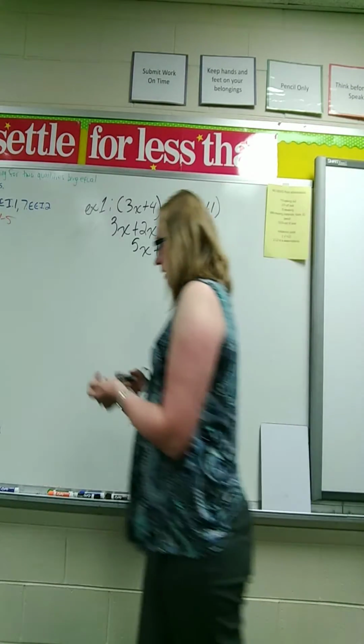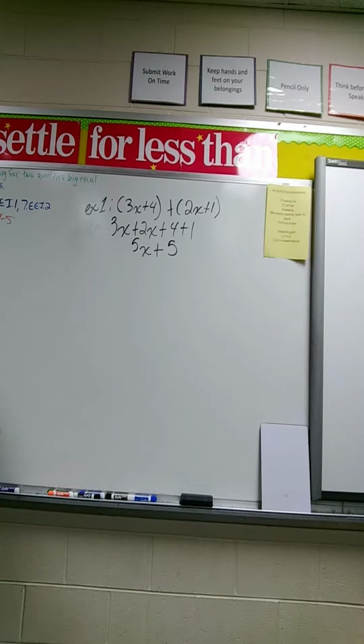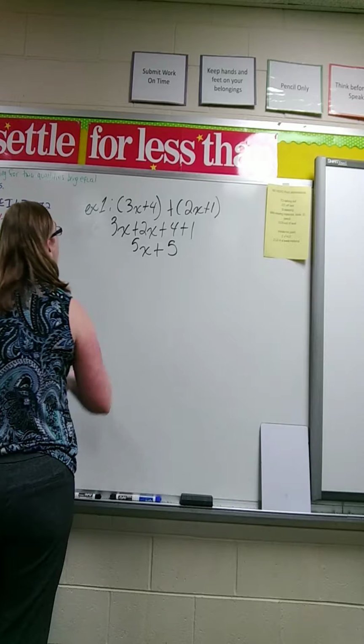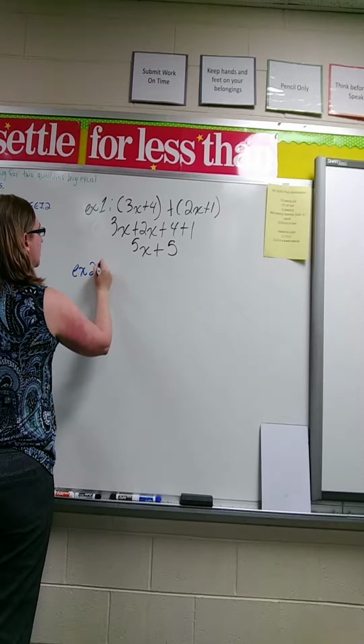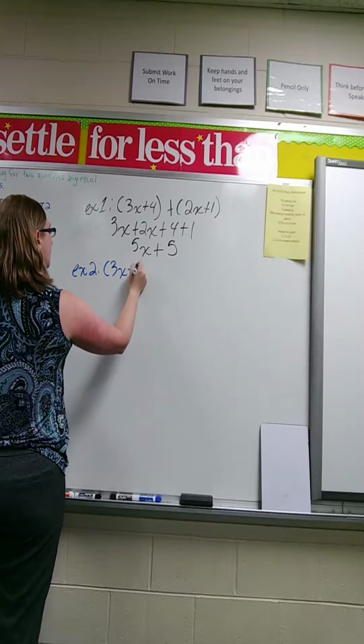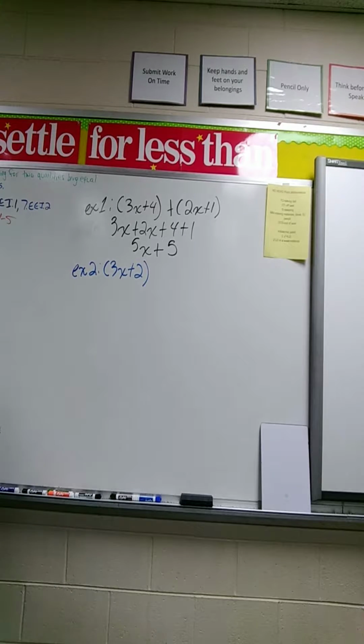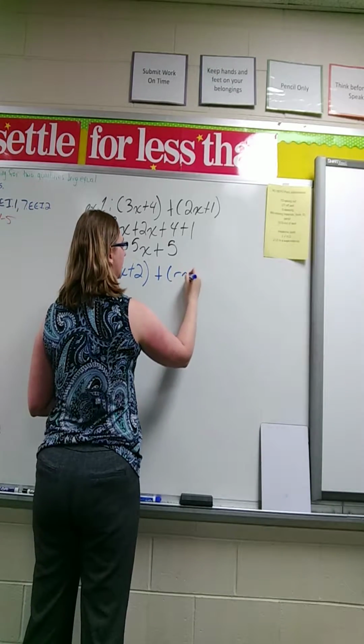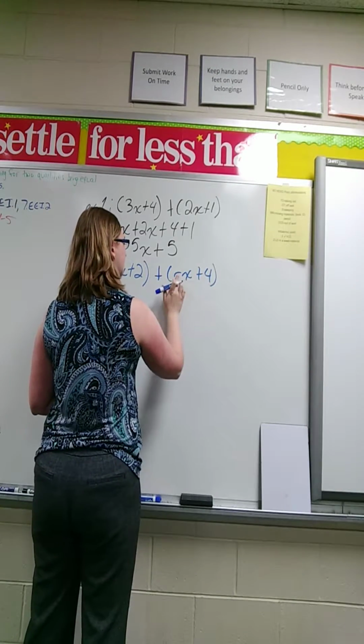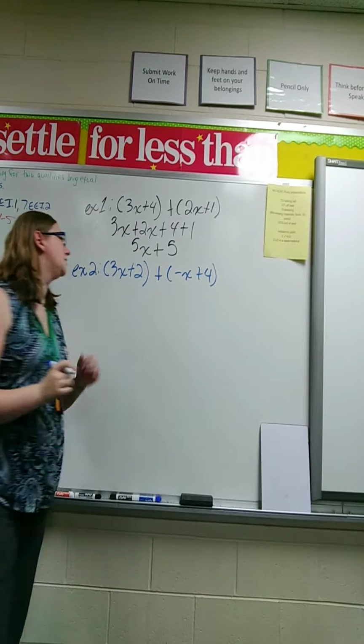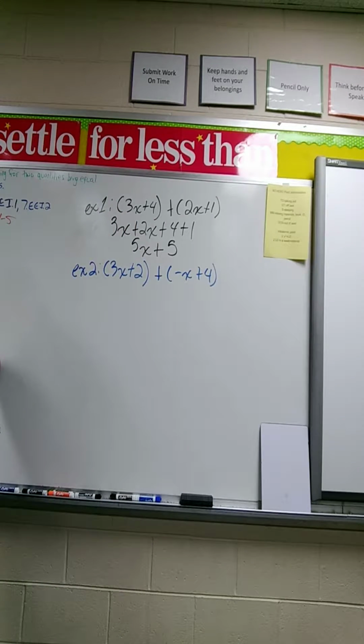Alright. So let's see what happens if I had something like 3x plus 2 plus negative x plus 4. What would I do first?